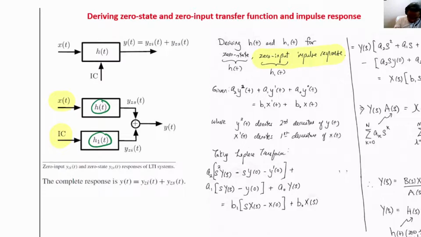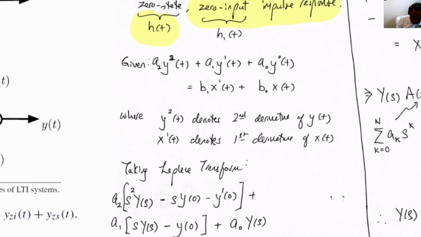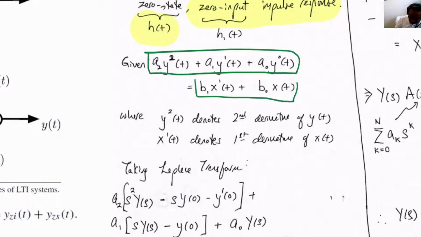We need h of t, the original system itself. It is the zero state impulse response. Let's begin with this equation, a differential equation describing the input versus the output. This is a second order linear ordinary differential equation, and let's make our life simple: the a's and b's are constants, so it's a constant coefficient linear differential equation of the second order.